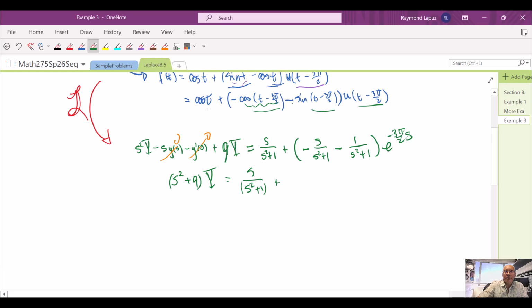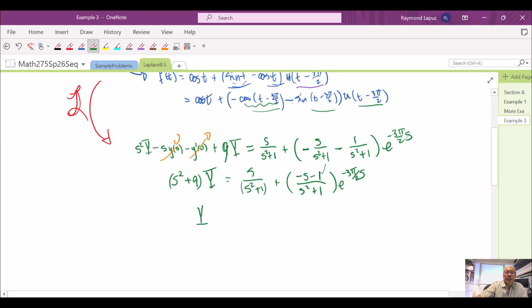I'm tempted to just put it together since they all have common denominators. So negative s minus 1 divided by s squared plus 1 e to the negative 3 pi over 2s.